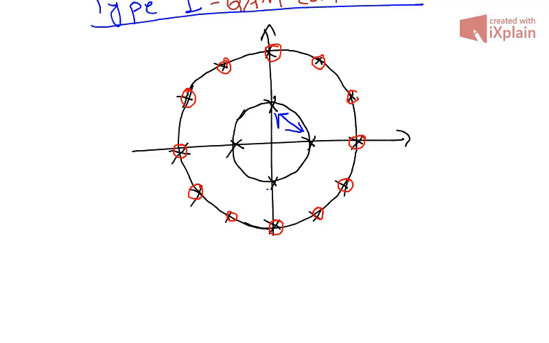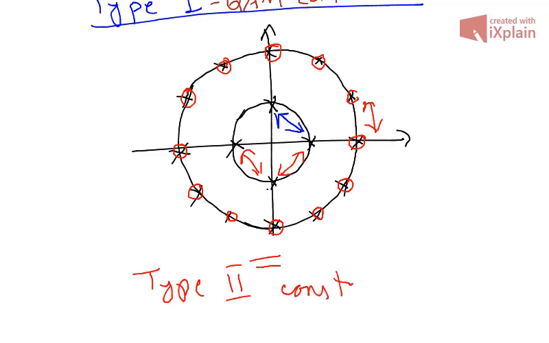Now the Euclidean distance here is the average Euclidean distance of this constellation, which is known as the type 2 constellation.